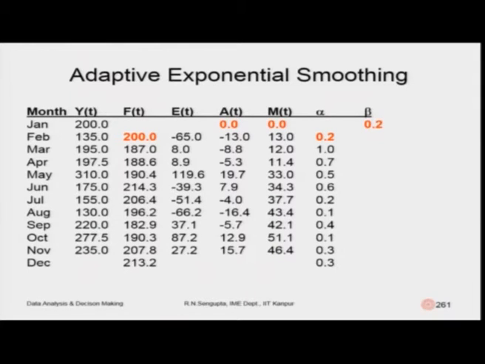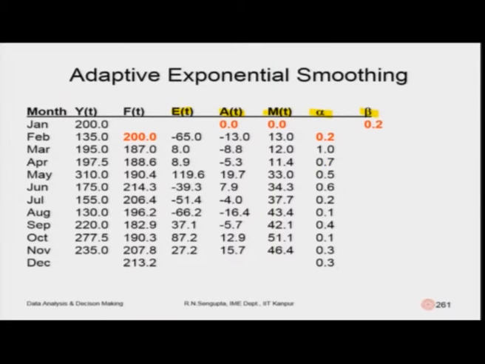The corresponding one would basically be the error, which is here, then the absolute smoothing error, the relative one, the alpha value, but alpha value is basically alpha suffix t because this is changing, and beta. So, now you see I am just mentioning for the time being, I see the alpha values are changing.